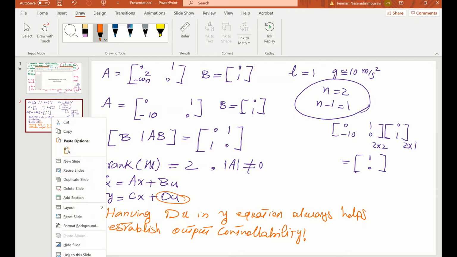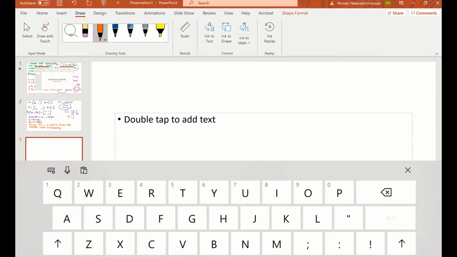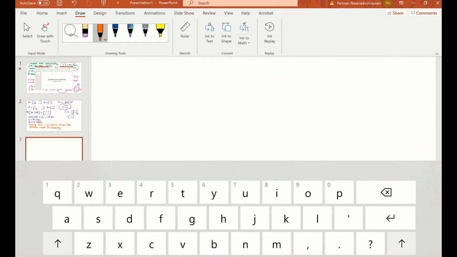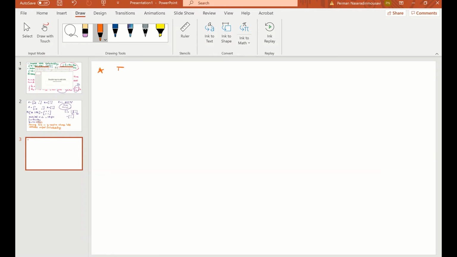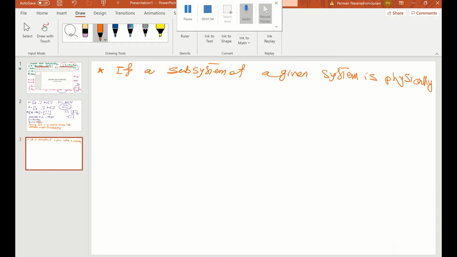Another thing that you have to know, which is obvious, is that if a subsystem of a given system is physically disconnected from what?